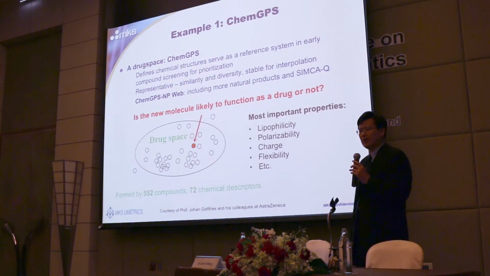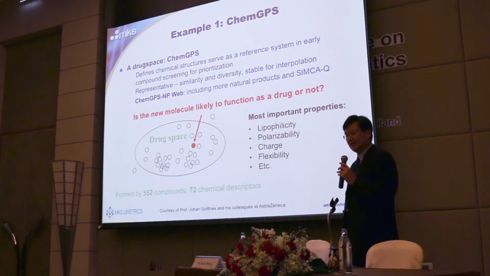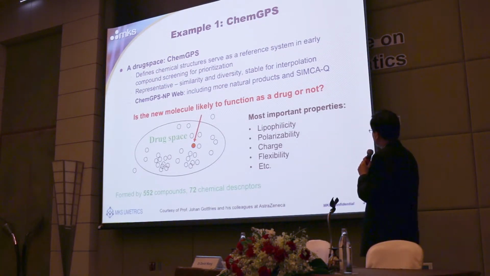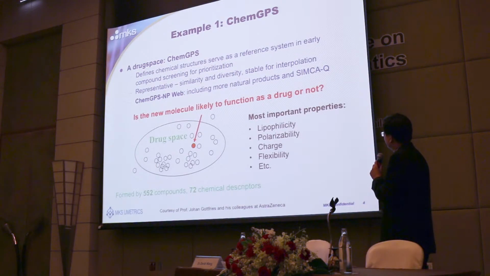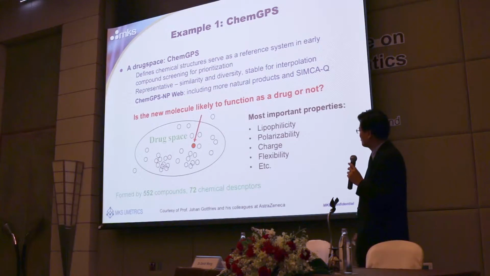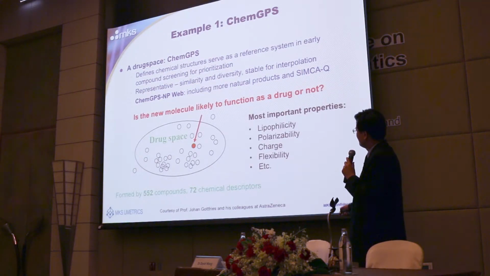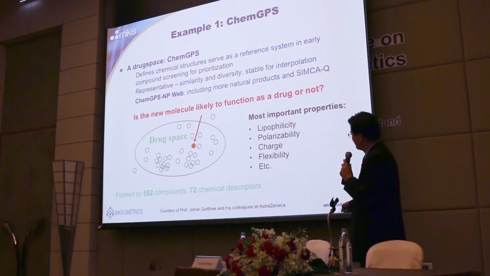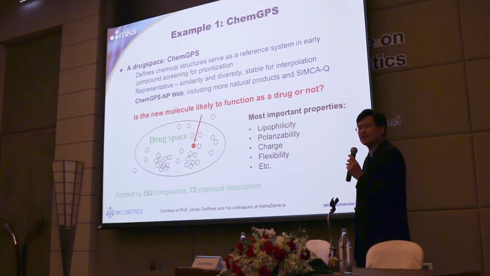Then we want to identify and investigate properties such as lipophilicity, polarizability, charge, flexibility, etc. In this drug space, we have 552 compounds, and we are using 72 chemical descriptors. So now we are going to do a multivariate analysis of this data.